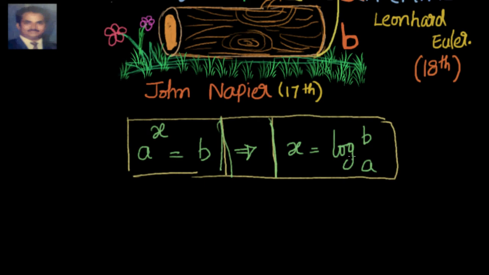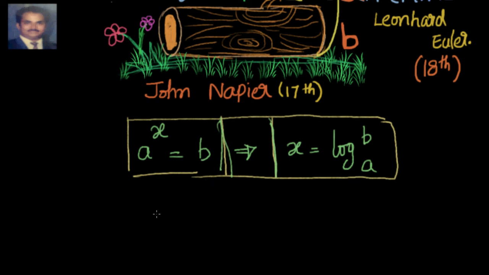We define the logarithm of a number as the exponent to which a number called the base has to be raised so that the resultant is equal to the number. Let me repeat that again. The logarithm of a number is the exponent to which the base has to be raised so that the resultant is equal to the number.